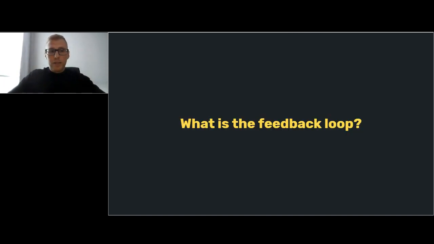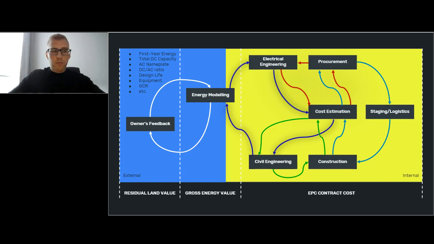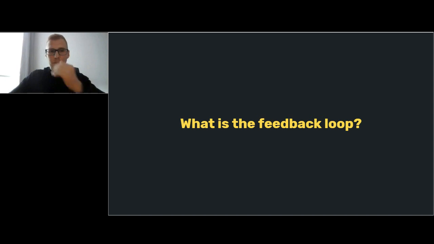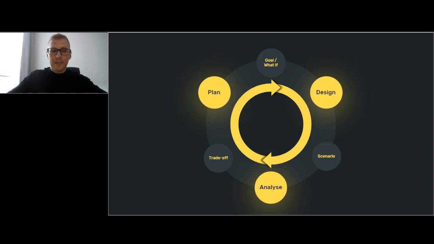But before, let's just discuss a bit what those feedback loops mean, and what a feedback loop is. As you saw from the previous slide, it's more like a back and forth between people. And this is a super simplified scheme of what it is, right? I think this scheme is applicable not only for PV farms, but also for any building design.